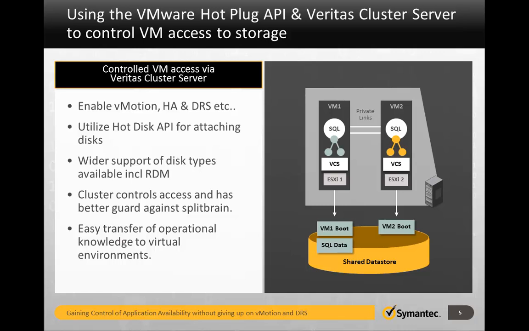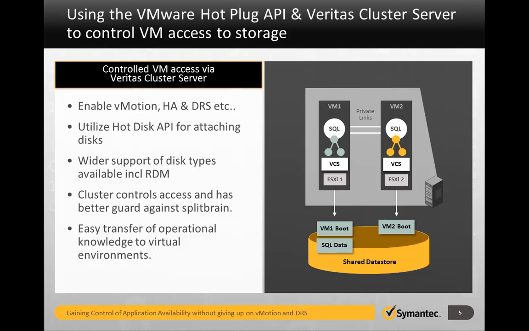So in this new solution from VCS, we're actually utilizing an API from VMware, and that's the hot plug API. Veritas Cluster Server, or VCS, is controlling access of the storage to the VM itself. As I mentioned previously, what typically you have to do is share the storage in a typical cluster using raw device mappings.